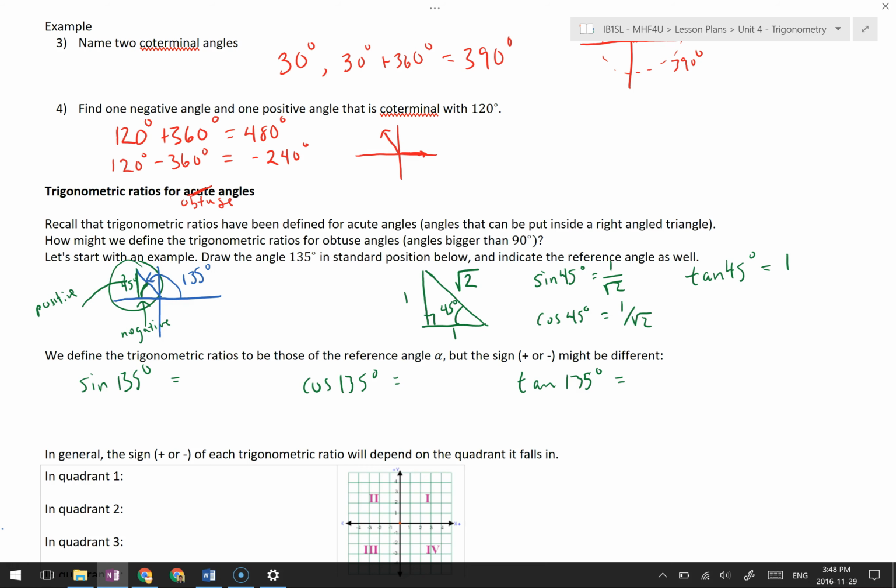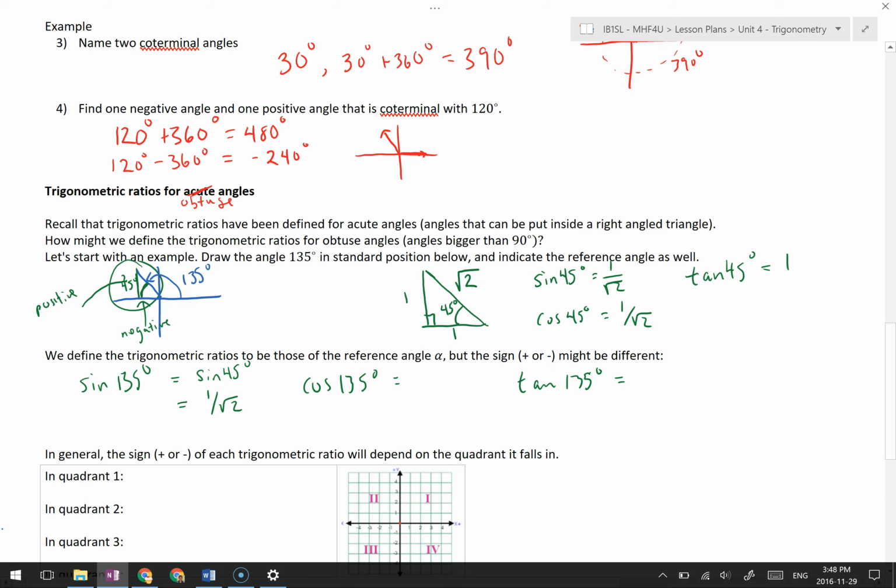Okay, so sine is opposite over hypotenuse. The opposite is positive and the hypotenuse is positive. So this is the positive sine of 45 degrees, which is 1 over root 2. The cosine of 135, remember, is adjacent over hypotenuse.